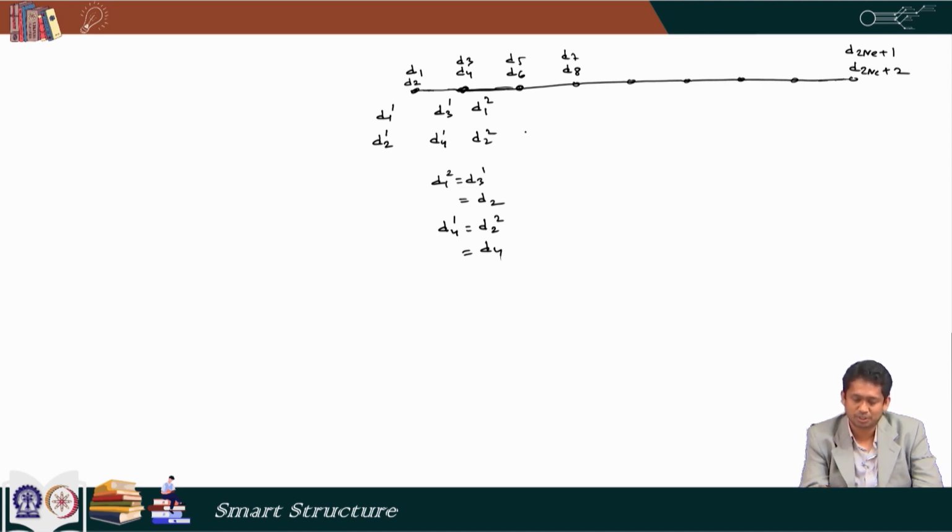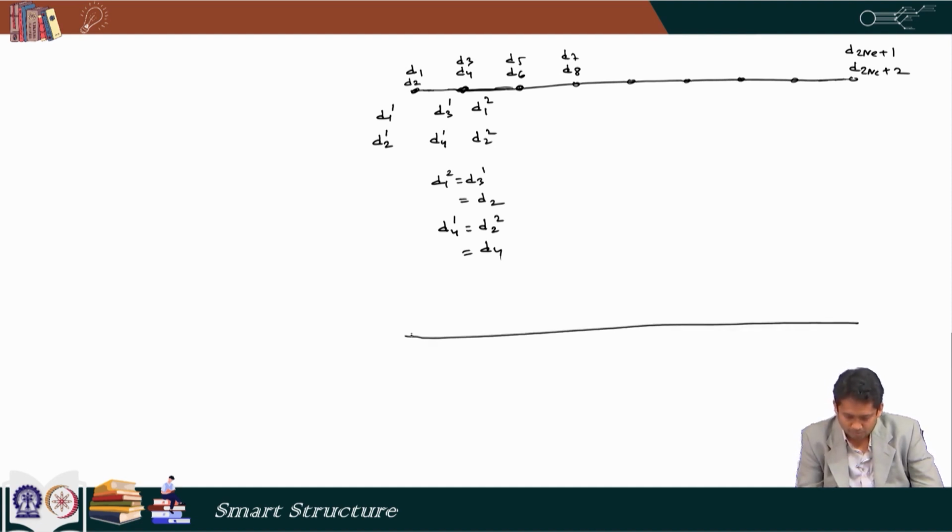Similarly, D42 is equal to D23, they are the same, that is equal to D6. Now, we have seen the force terms also. So, if I look at the force terms, this we are drawing once again here. So, we have the node specified.